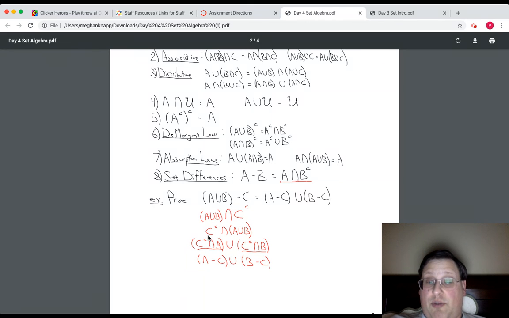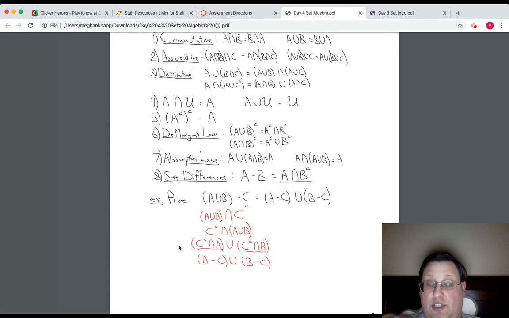We can distribute and have the complement of C intersected with A, unioned with the complement of C intersected with B. This is distributing an intersection over a union. It is very, very similar to distributing an and statement across an or statement when we were doing logic.